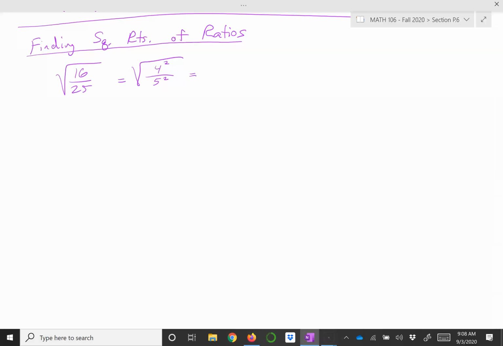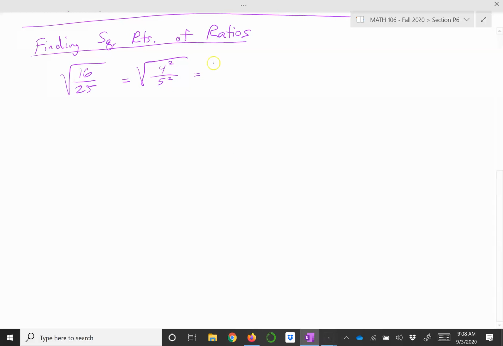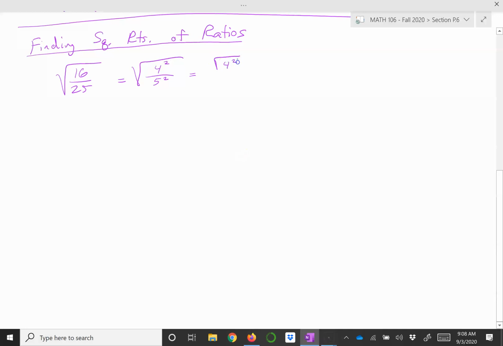You can split the radical to be just over the numerator and then just over the denominator. Right? So then my solution here, since I'm taking the square root of something squared, I just get the thing that's squared. So I get 4 up here and 5 down here. So that would be my final answer.